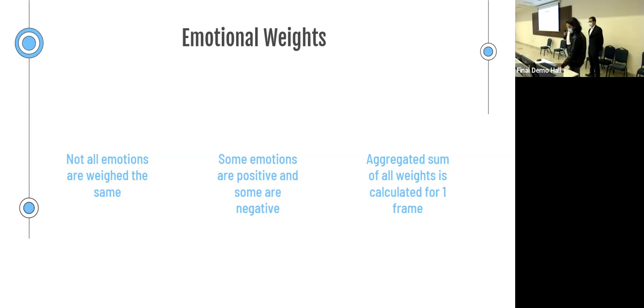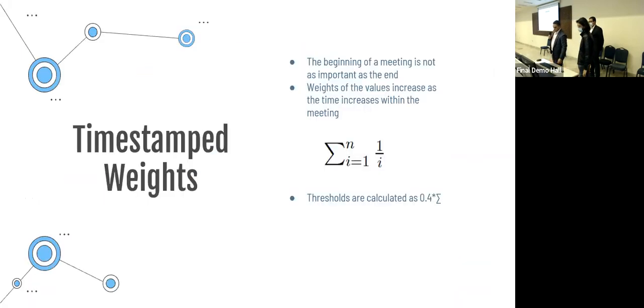And this is from the output of the emotional elicitation API. After this, we go to the timestamp weights, which basically means that as time goes on, the emotions of the customer are more important, since if the customer is already going into the meeting being angry, this is not the fault of the service provider.